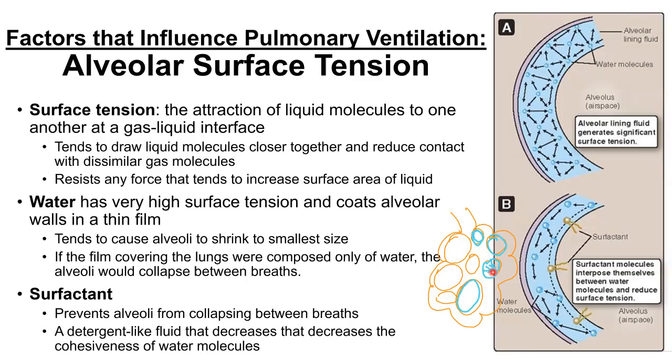Fortunately, in the lungs, we have been able to overcome this because of this stuff called surfactant. And surfactant is kind of like dish soap. You put a little bit of dish soap on this water, and all of a sudden, the water is no longer as attracted to one another.